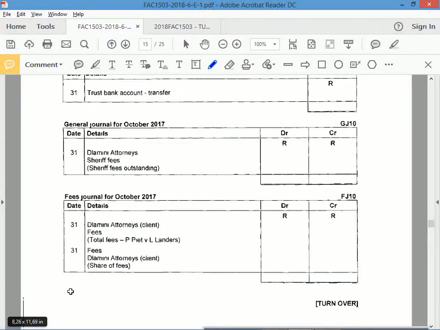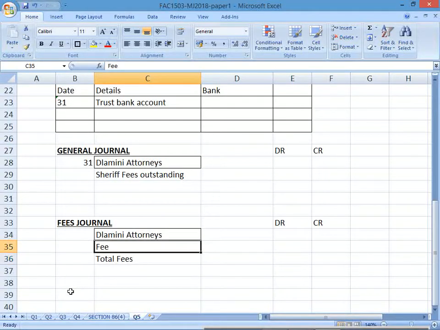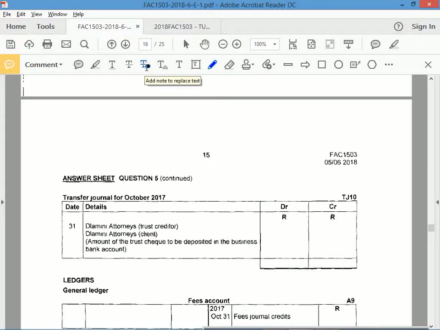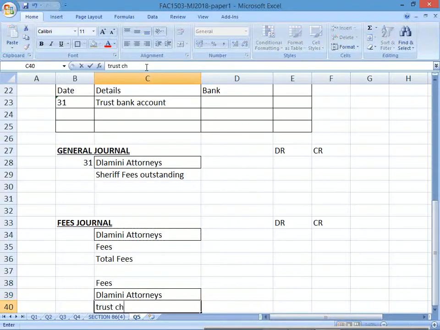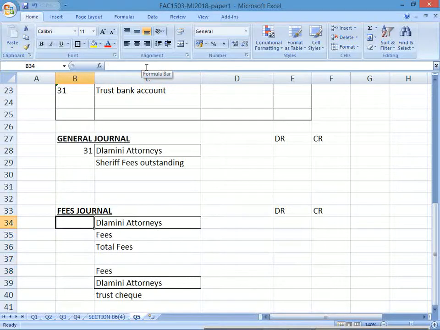That gives you the 25% to get your 75 or up. This is fees in Glamini. Date-wise, that was all on the 31st.